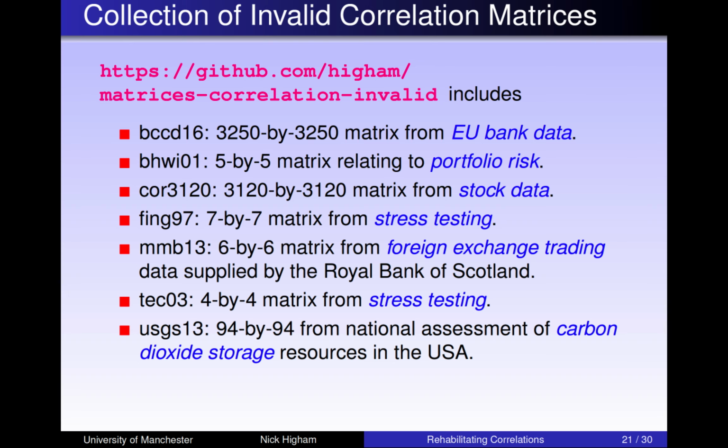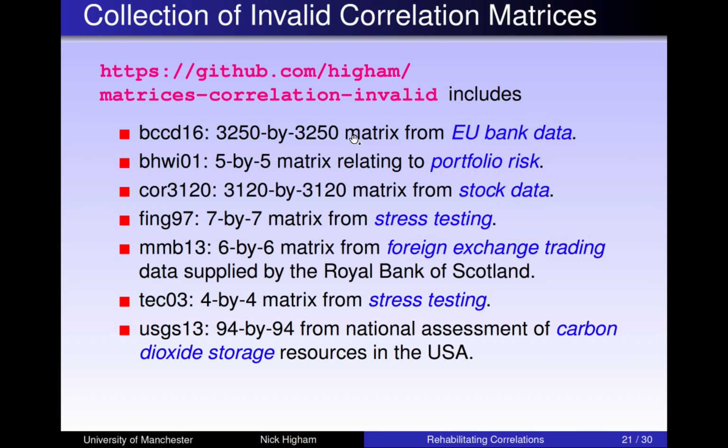Now, in the course of doing all this work, I've collected a number of real-life matrices that have this property of not being actual correlation matrices, but were supposed to be. And I've made this available on GitHub, so you're welcome to go there and download these matrices if you'd like to try them. Just a few highlights.